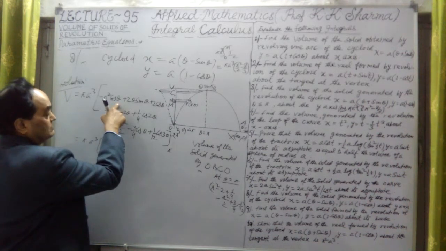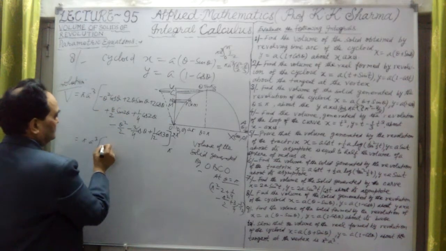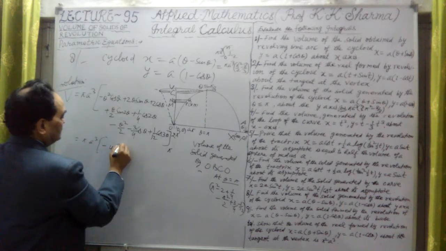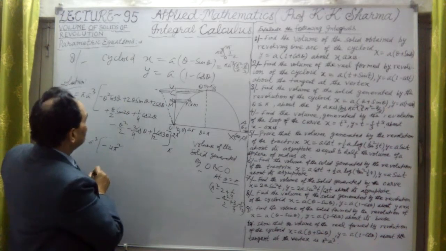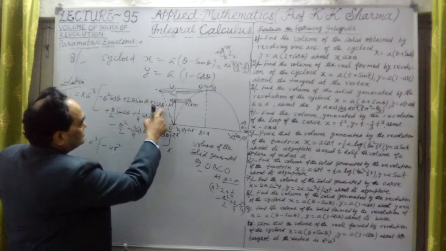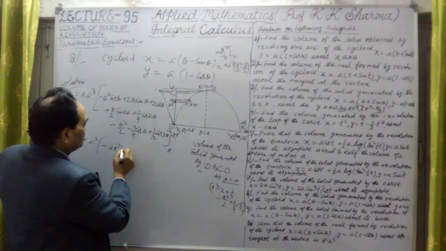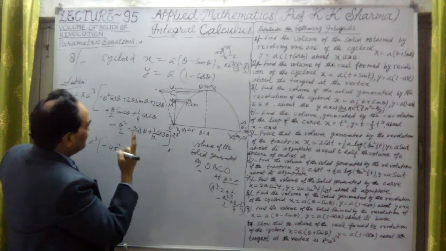Even if it is an even multiplication of π, then cos is positive 1. It is minus sin 2π whole square is 4π² into cos 2π is 1, so it is only minus 4π². Plus sign, this is sin 2π is 0. Cos 2π, 2 into cos 2π, this is plus 2 only. Why? Because cos 2π is 1.